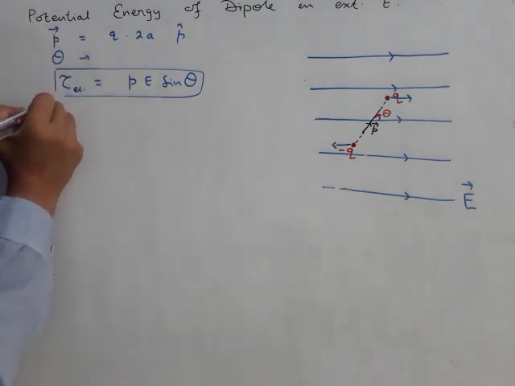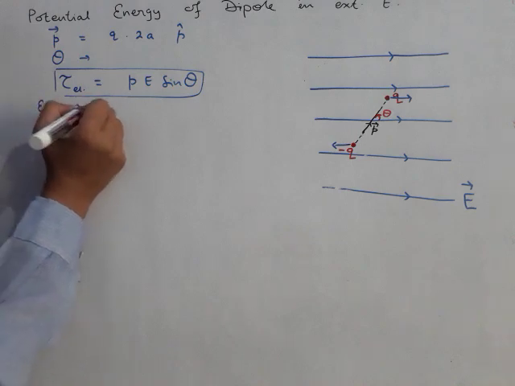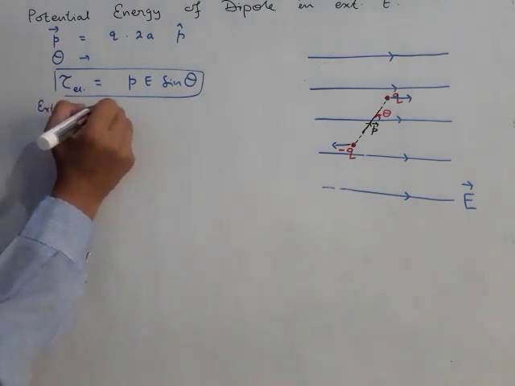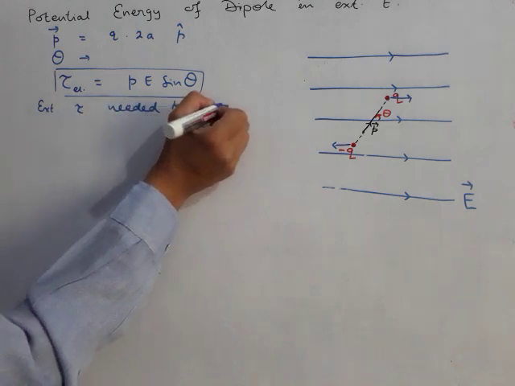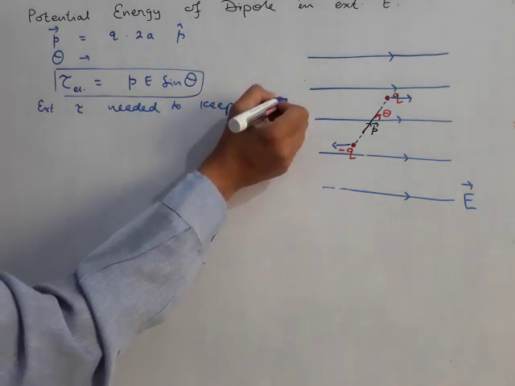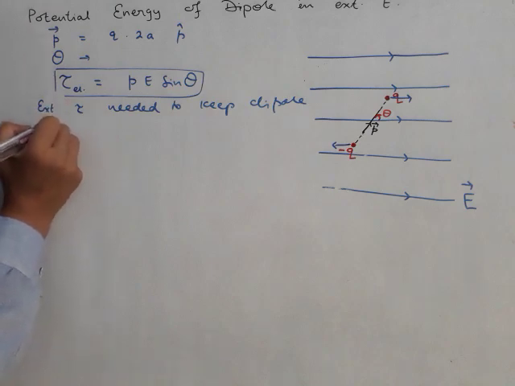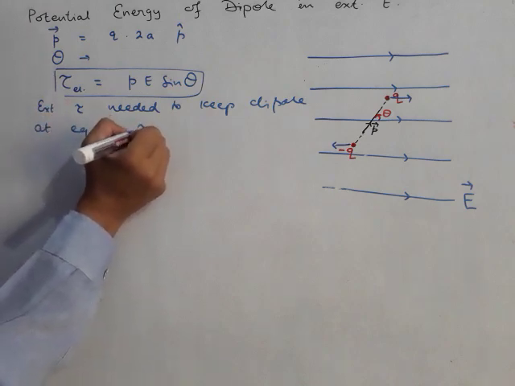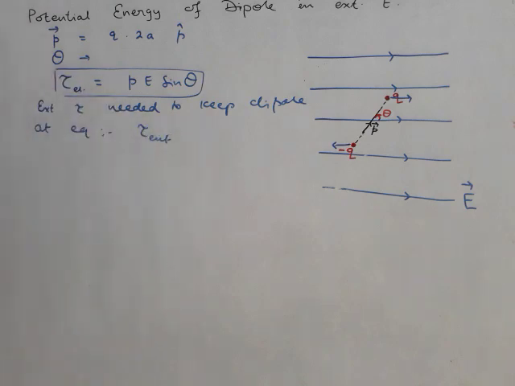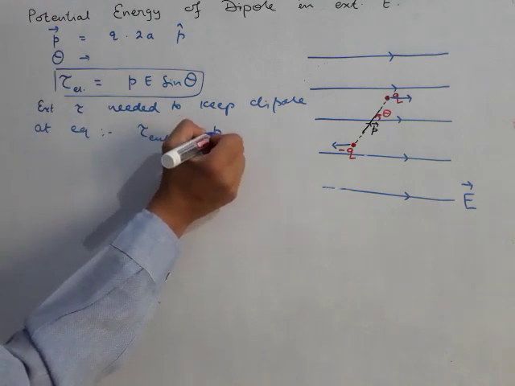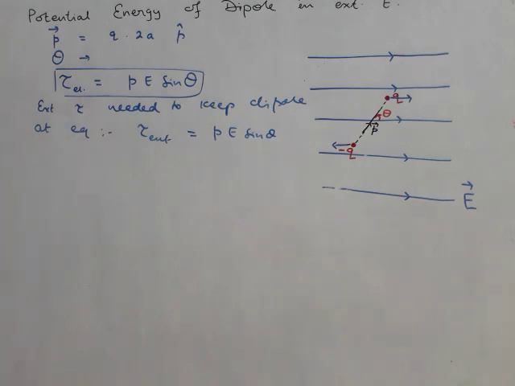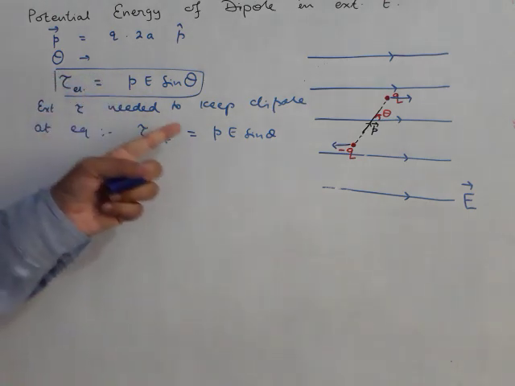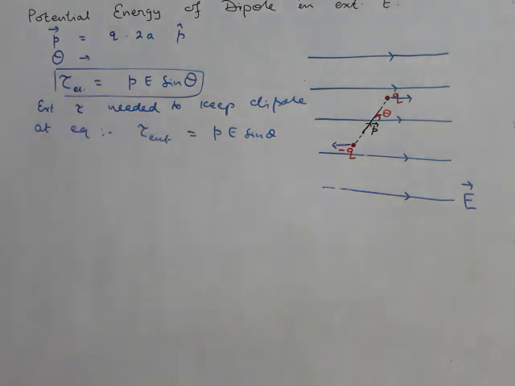So external torque needed to keep the dipole at equilibrium will be tau external, and its value will also be how much? pE sine theta. Remember, these are actually vector quantities. If one of them I write as plus, other one of them I must write it as minus.